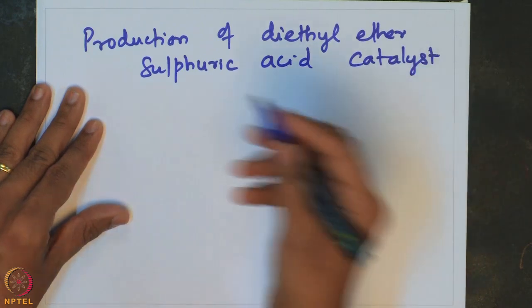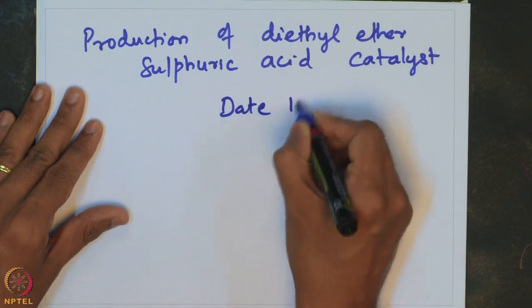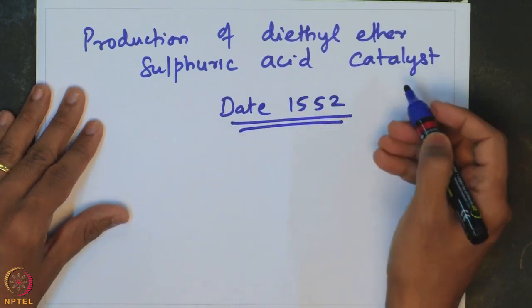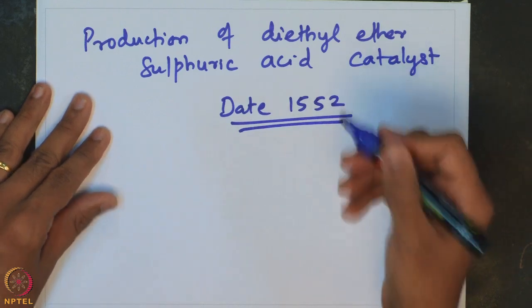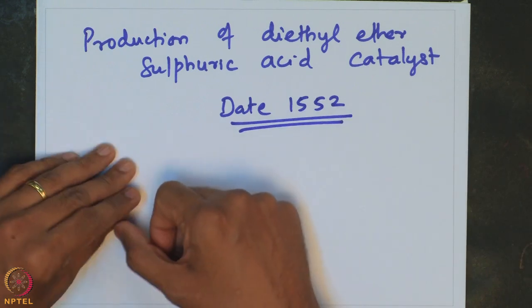And there are documented records which date to 1552, which suggest that such a catalytic process was in place at that time. It is not known when this catalytic process of production of diethyl ether using sulfuric acid actually started, but it is recorded that it was in use at that time.